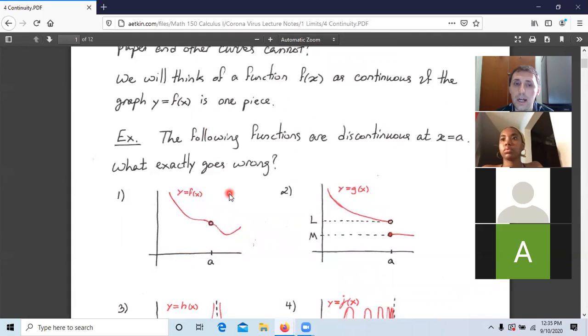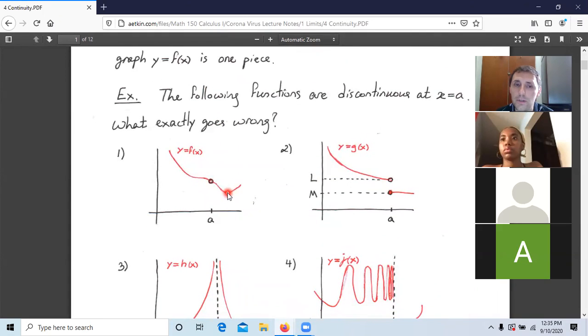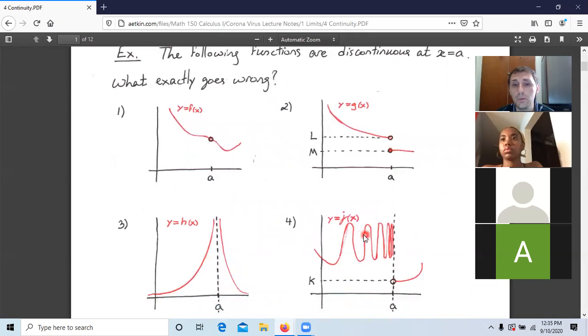So here are some examples of discontinuous functions, and what we try to investigate is exactly what goes wrong. So tell me, guys, mathematically speaking, what goes wrong in 1, what goes wrong in 2, what goes wrong in 3, what goes wrong in 4, which of those curves are the most discontinuous, the most not one piece like?